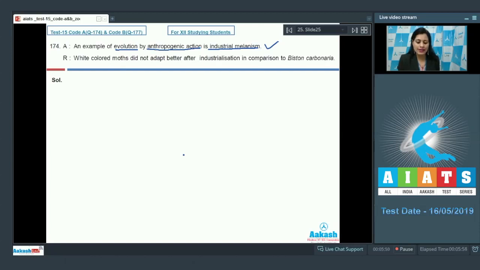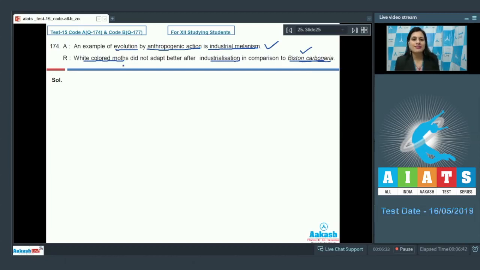Now the reason given is white colored moths did not adapt better after industrialization in comparison to Biston carbonaria, and this is also a correct statement because before industrialization there was no significant pollution and there was a lesser number of dark winged moths, that is Biston carbonaria, in comparison to white colored or light variety of moths, which are Biston betularia.